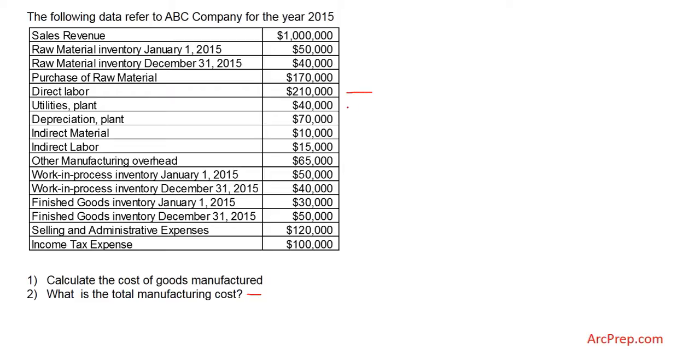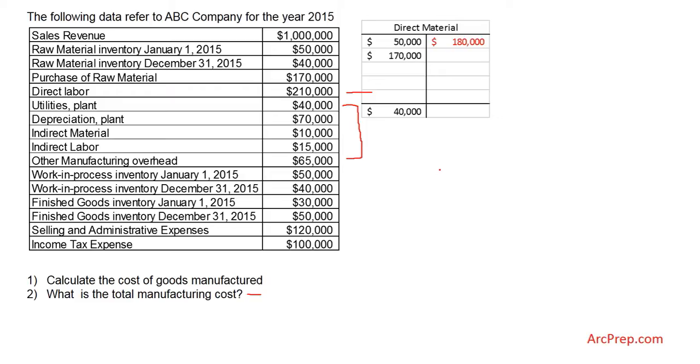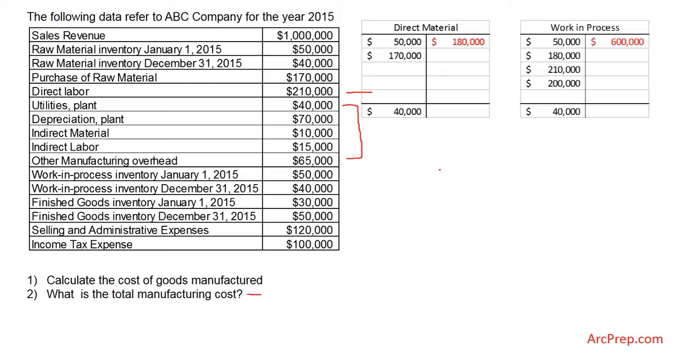I also need to know manufacturing overhead, and I do know the manufacturing overhead is all these five different items: utilities, depreciation, indirect material, indirect labor, and other manufacturing overhead, which total up to the overhead that I'm using.